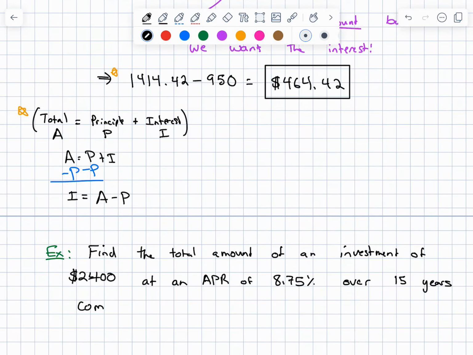If interest is compounded monthly, so monthly meaning 12, because there are 12 months in a year.